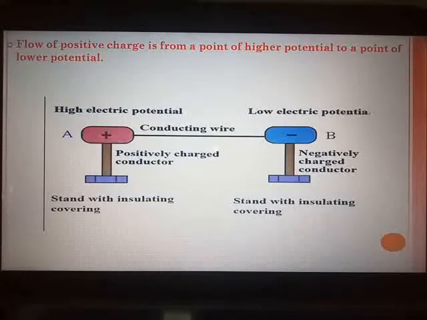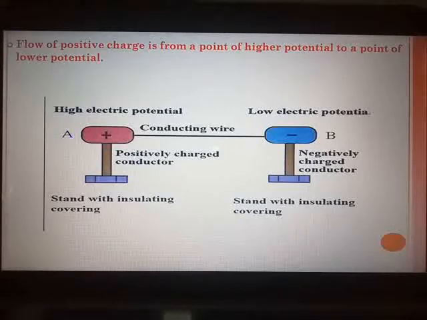Earlier you have studied that electricity flows due to the conduction of negatively charged electrons. So the electrons will flow from the point of lower potential to a point of higher potential.